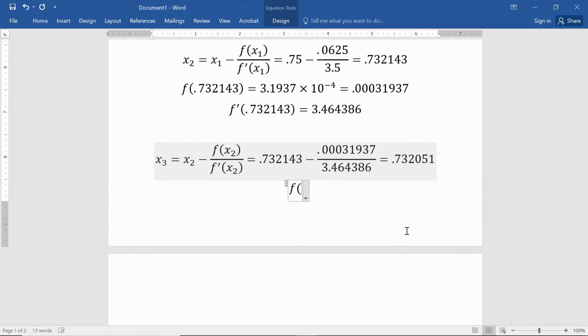I can take that and see if that gives me a 0. It doesn't, but it gives me something really close. I ended up with about 6.66 times 10 to the negative 7th. Again, that's even closer.